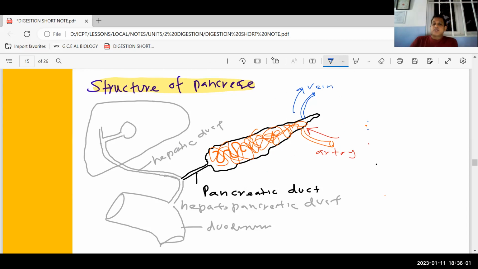Okay, clear. Now this is the gross appearance. When we look by our eye, we can see a long leaf-like structure, the pancreas, and it has a big vessel, the pancreatic duct, which is connected with the hepatic duct to make the hepatopancreatic duct, and ends up in the duodenum. So this is the gross structure of the pancreas.